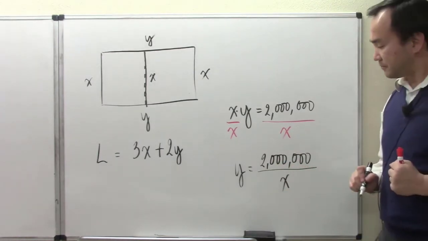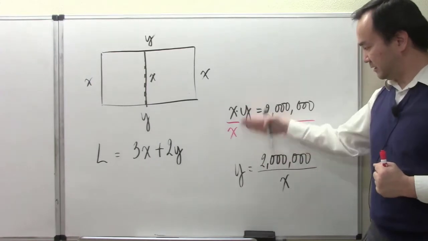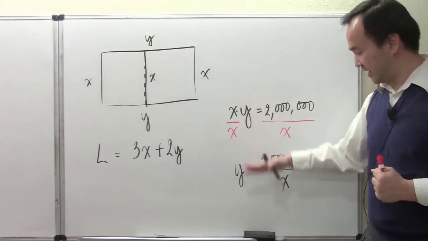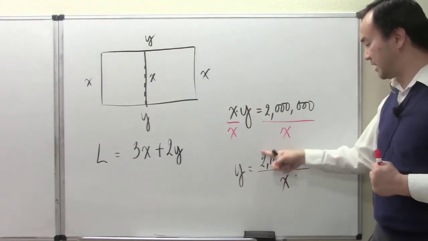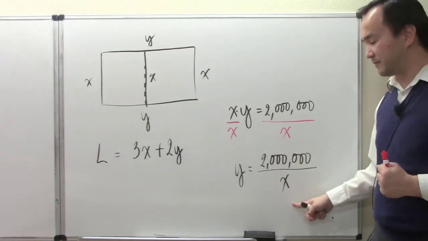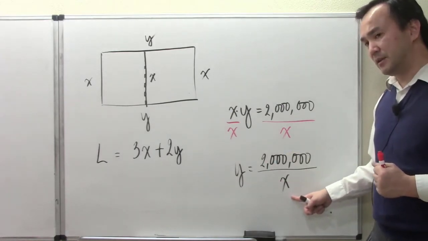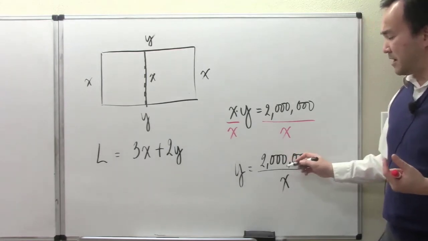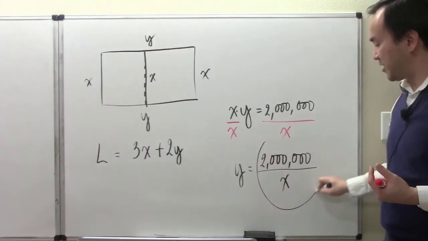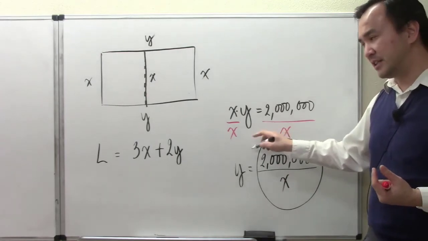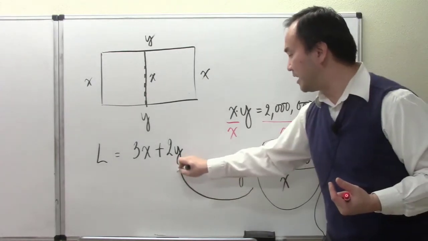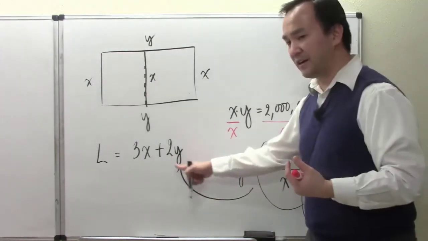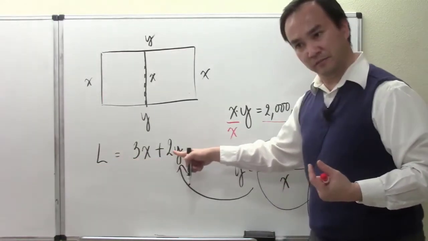I just used some algebra to solve for y as an expression in terms of x. What's the further usefulness of doing this? I am now going to take this expression, which is in terms of x, and substitute it for the y variable of my objective function.